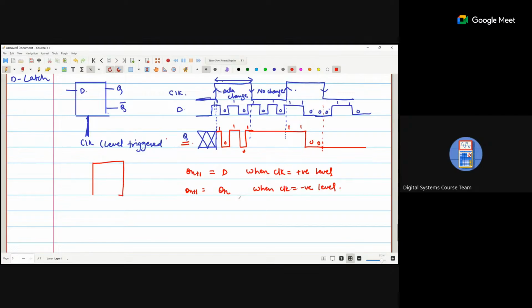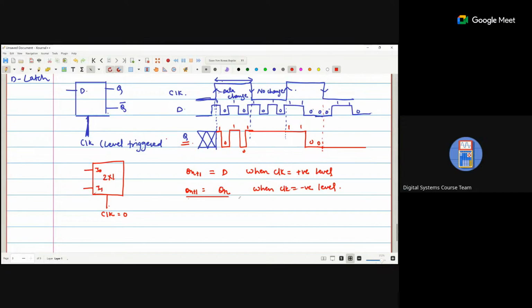We have a 2 cross 1 mux. This is the clock. When the clock is 0, a negative level, the data is Qn. So when the clock is 0, I0 is selected. When the clock is 1, I1 is selected.